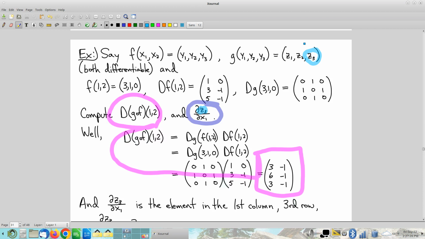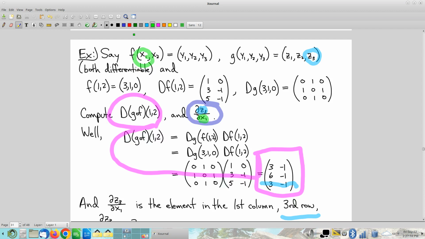Keep in mind that when you're looking at a derivative matrix, outputs correspond to rows. So the fact that we are looking at the third output variable means that we're interested in the partial derivative in the third row down there. And likewise, notice we're taking a partial with respect to x1. x1 is the first input variable for my composition.